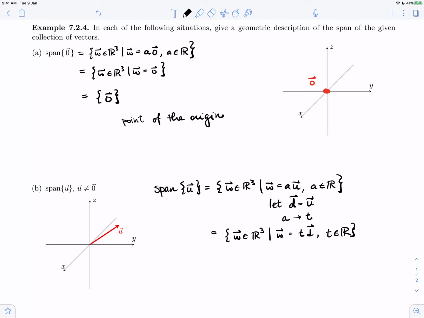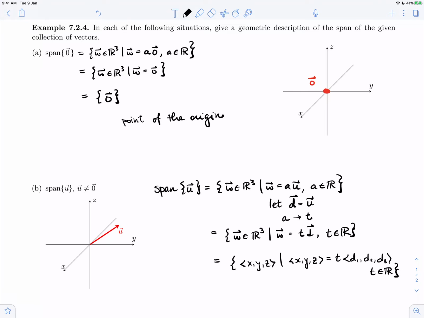No? Maybe I should spell it out a little bit more even. w is in three-dimensional space, so that means I can write it as the vector x, y, z, such that x, y, z is a scalar multiple of d. Well, d has components d1, d2, d3, let's say, and this is for any t in R. Now that really should start to look familiar.